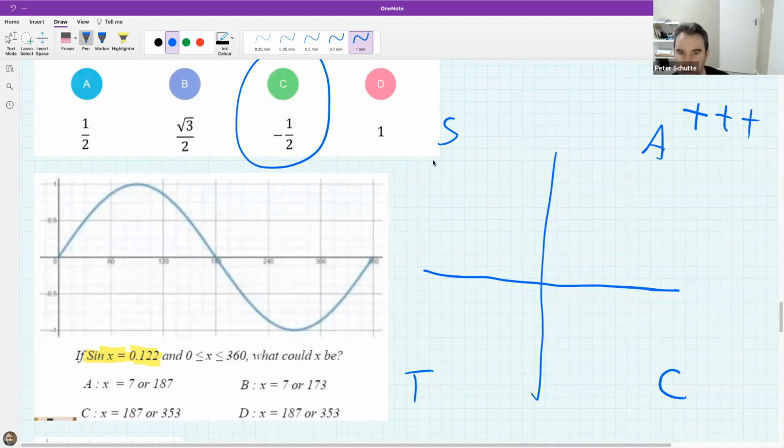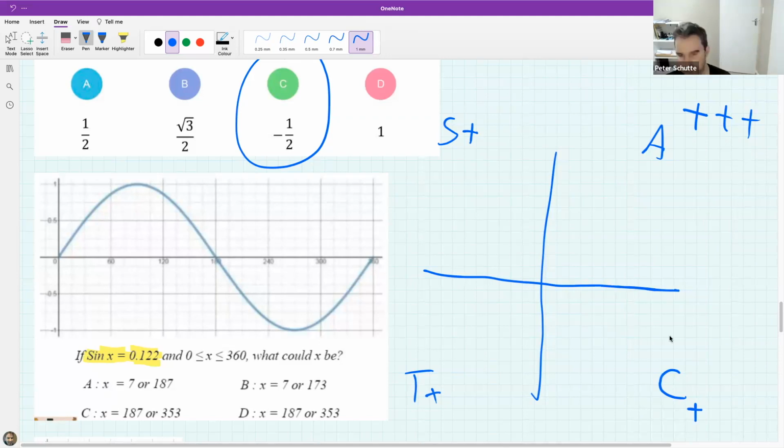In quadrant 2, which is sine, only sine is positive and the rest is negative. And then tan is positive there, and the rest is negative. And then on the other side, cos is positive, and the rest is negative.